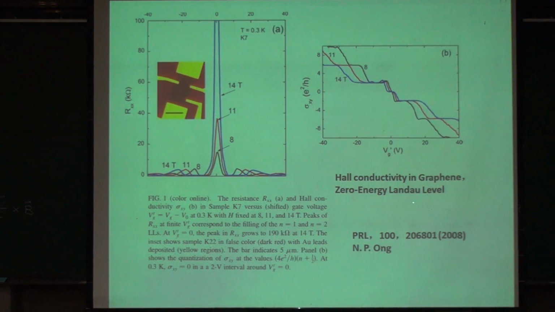So take high mobility graphene in a strong magnetic field. Of course, you see a quantized Hall effect, a quantized plateau.